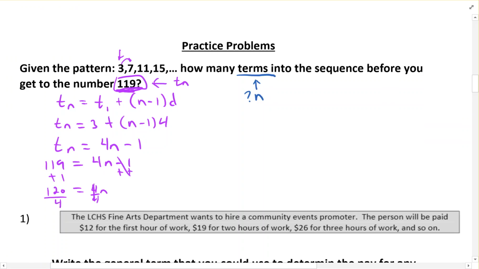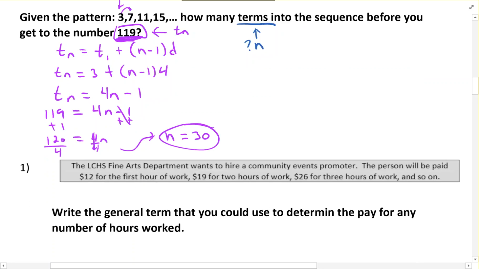Divide by 4, divide by 4. So we get n is equal to 30. So we would go through 30 of these terms, like 1, 2, 3, 4, all the way up to 30 before we got to this number.